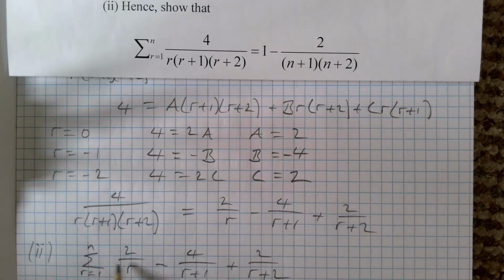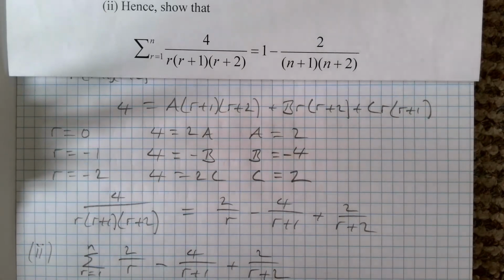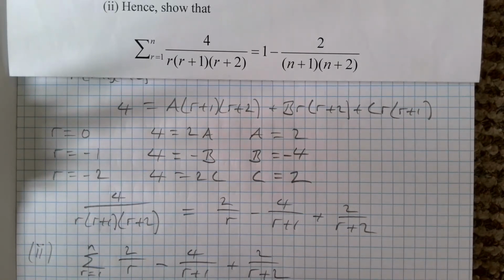If I start putting in the numbers into this, let's see what we get. If I put the number 1 into this, I get 2. And if I put the number 1 into this, 1 plus 1 is 2. I'm just going to write it as 4 over 2. If I put the number 1 into this, I get plus 2 over 3.